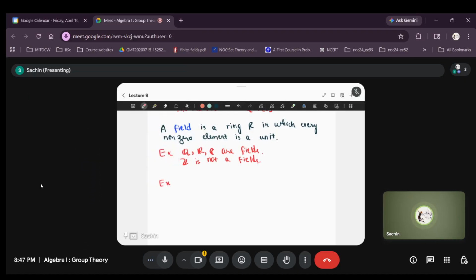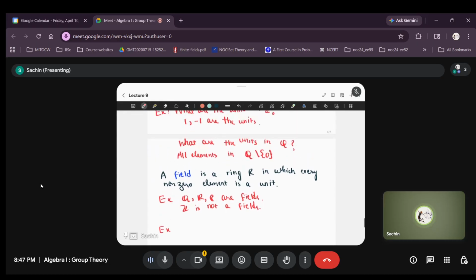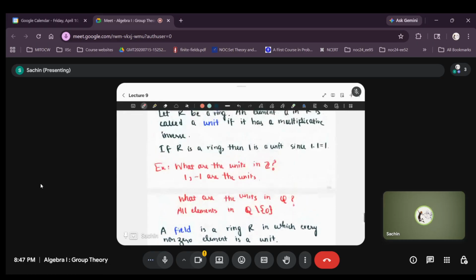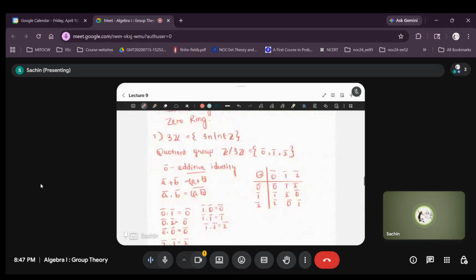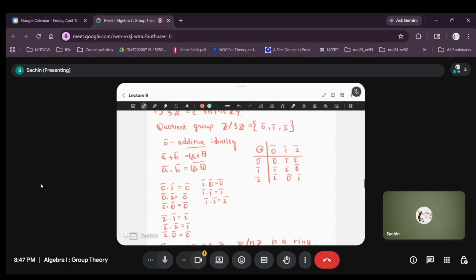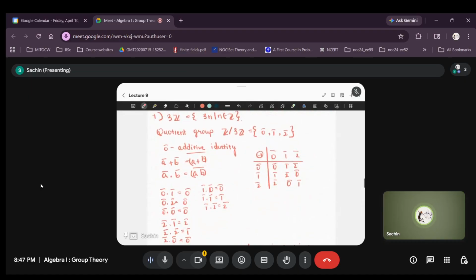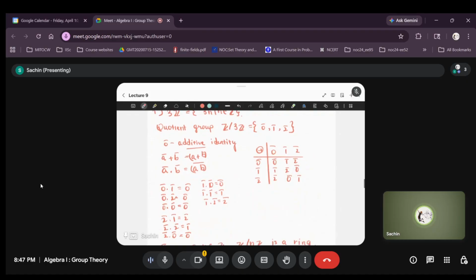Okay, now similar to that, we had this example of Z mod 3Z, and you can observe that in this, 1 bar times 1 bar was 1 bar, and 2 bar times 2 bar was 1 bar. So 2 bar inverse is 2 bar, 1 bar inverse is 1 bar.